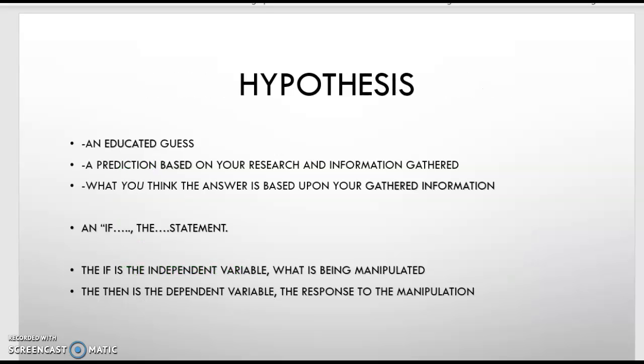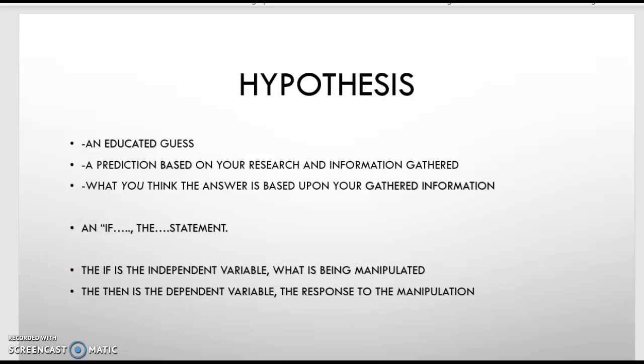We talked about this quite a bit last week. A hypothesis is an educated guess, and it's a little bit more than that. It's a prediction based on our research and background information. Our hypothesis includes what we think the answer is to that question, and we create that if-then statement.